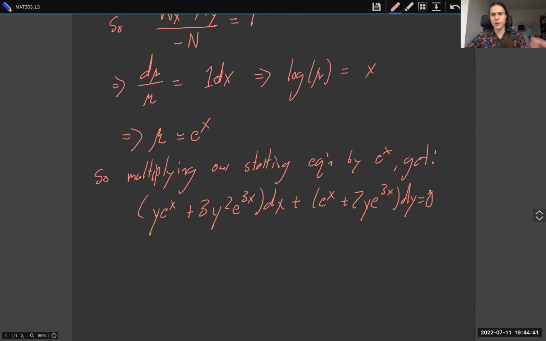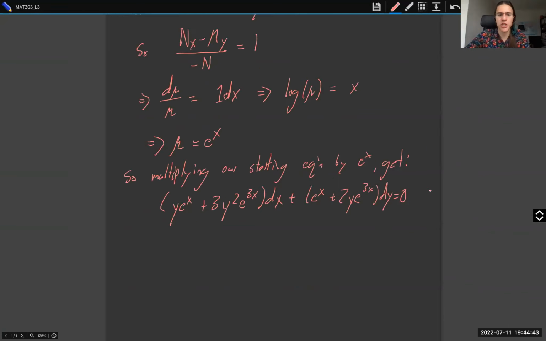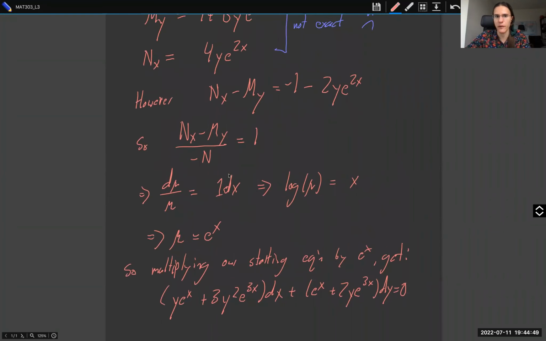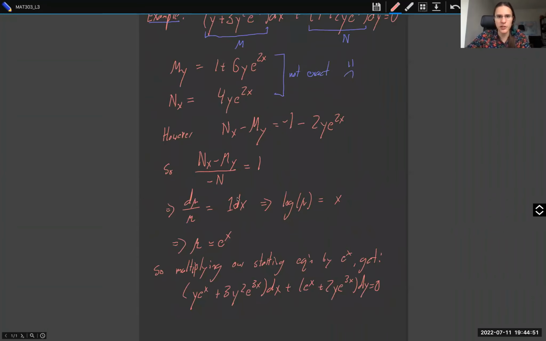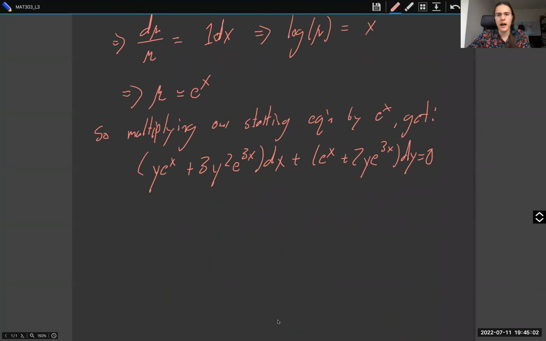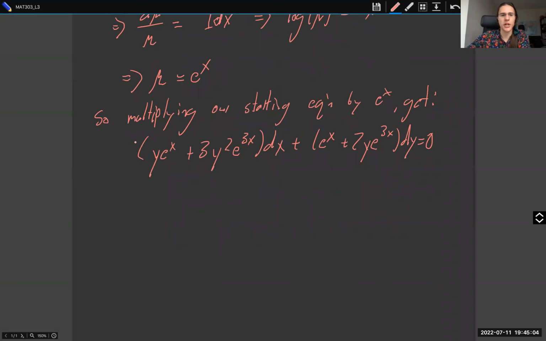And this is provably exact. We don't have to check if it's exact because if we did the previous step correctly, then it will be exact by the method that we showed before. So if you look at the original equation, we got an e to the x here, the 2 became a 3. We got an e to the x here, the 2 became a 3. So yeah, I multiplied it by e to the x correctly, which is exact. And we're not going to check for this.